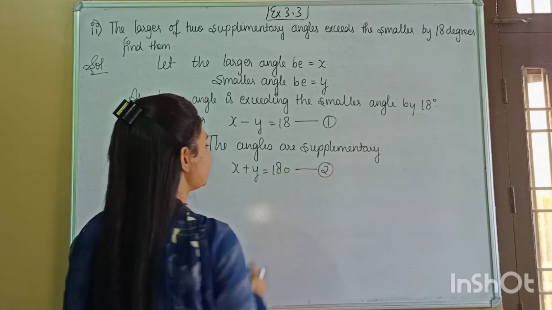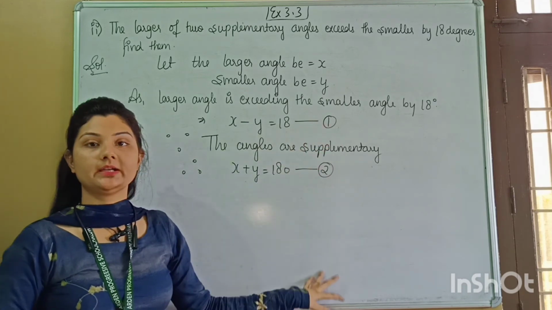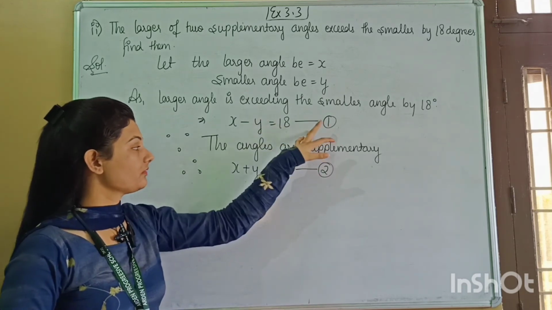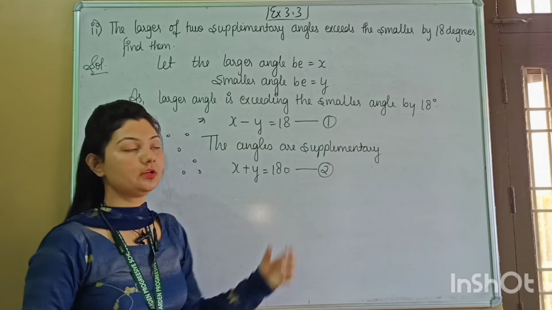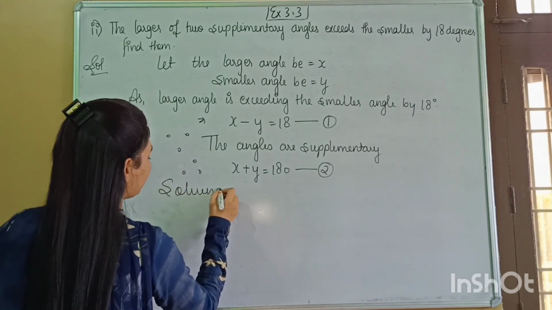That will be the second equation. So we have got both the equations now. Now we will take out the value of x from equation 1 and we will put that value in equation 2. Now solving the equations by substitution method.